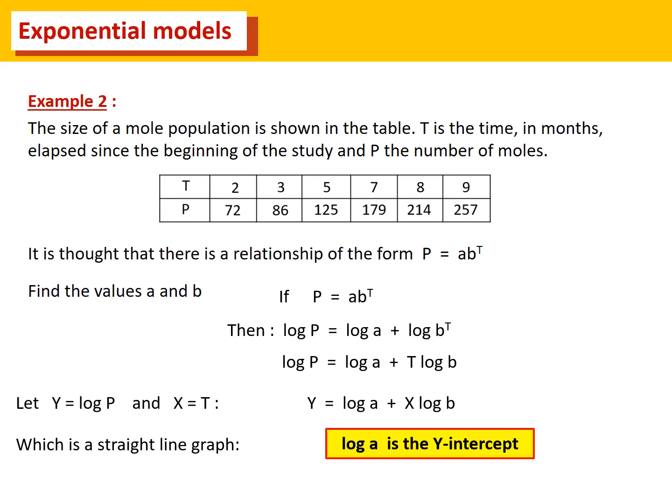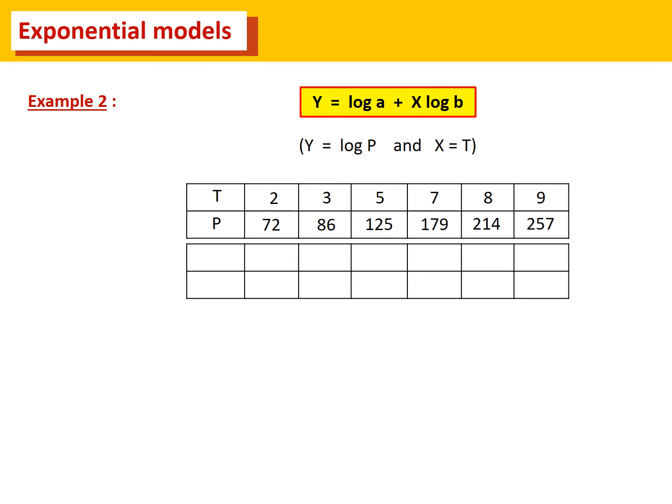Log A is the y-intercept and log B is the gradient. So remember that that's the relationship of the straight line y equals log A plus x log B. And those were our substitutions in order to obtain that relationship.